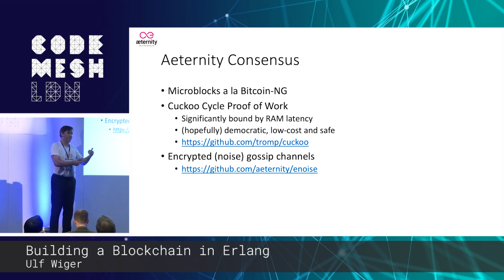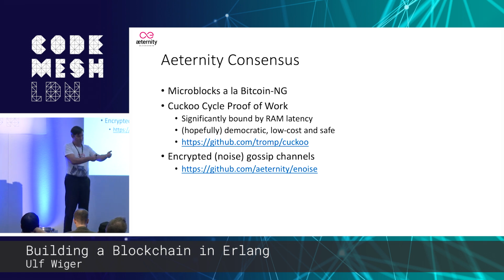Mining is the work you have to put in to be able to post a block on the chain. Essentially, you collect transactions, you create a candidate block, and then you have a field called a nonce, and you have to tweak that nonce and try to solve a puzzle.